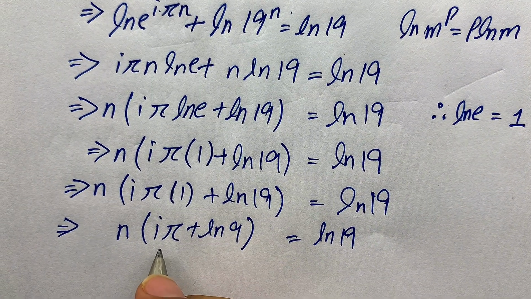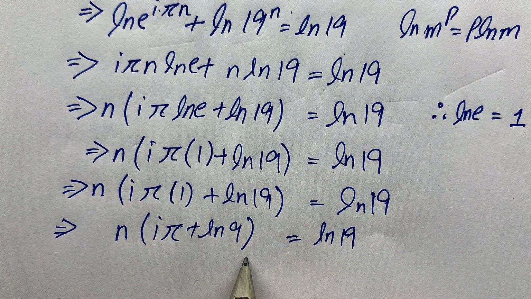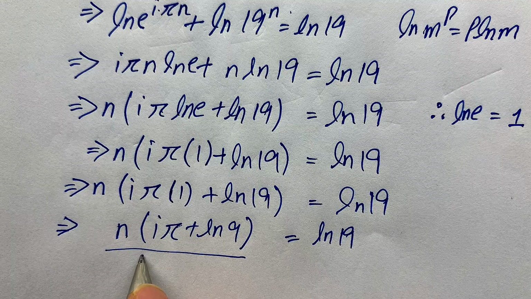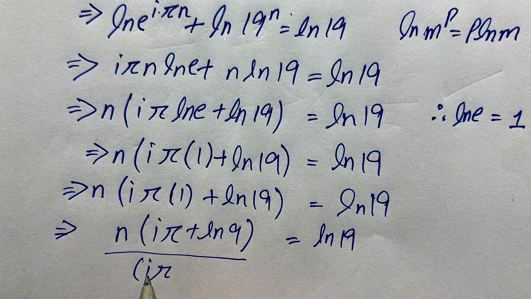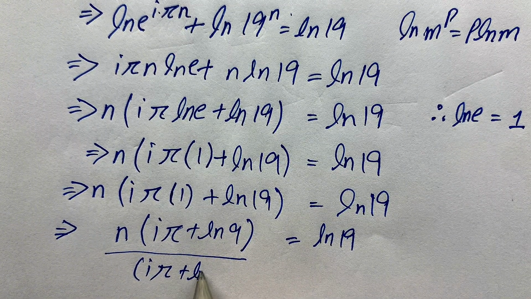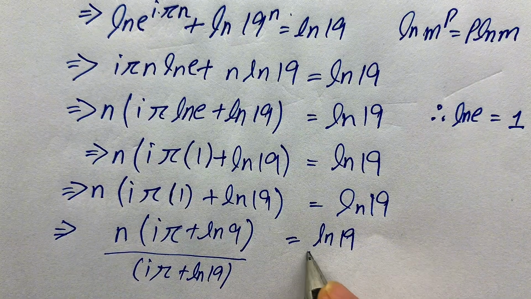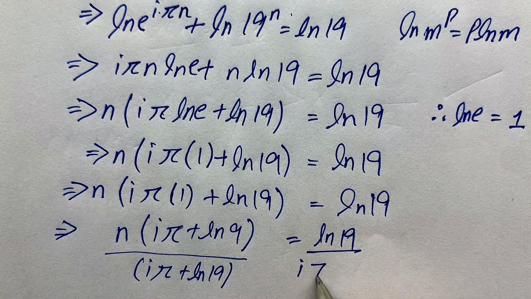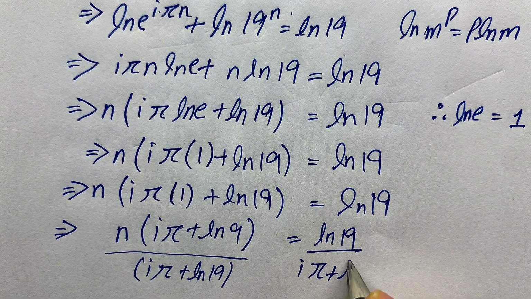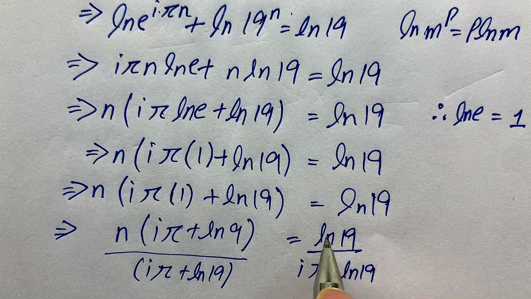Divide both sides by this value, iπ + ln 19.